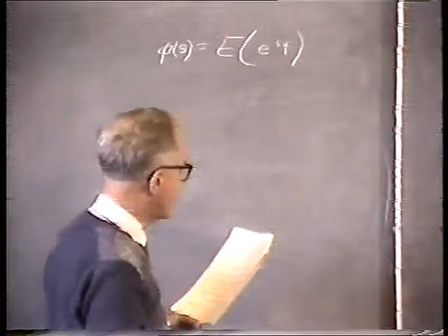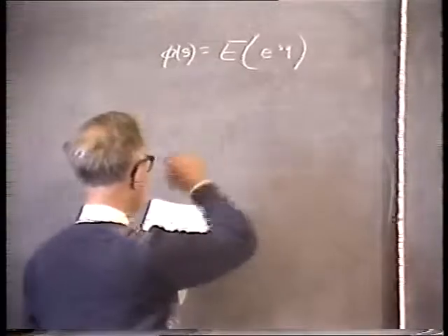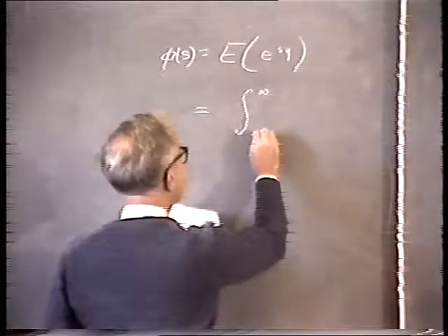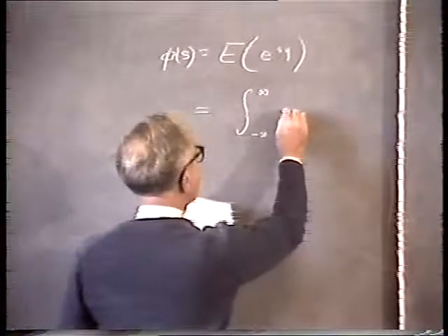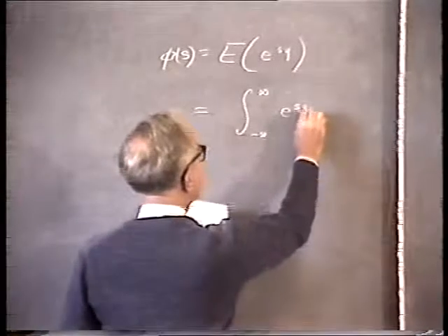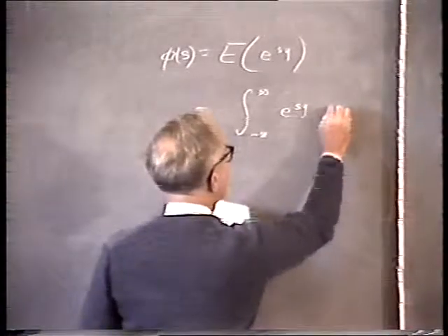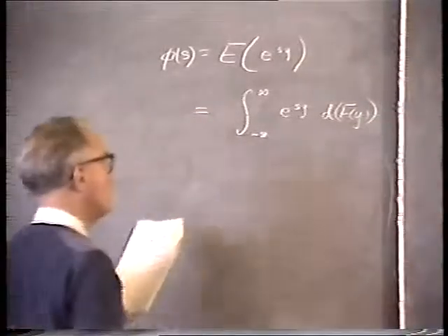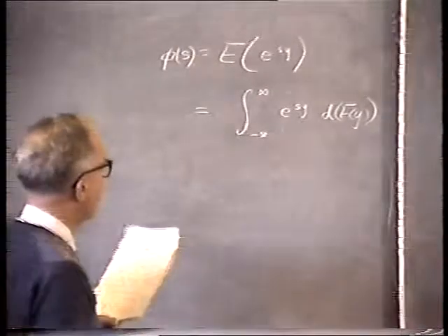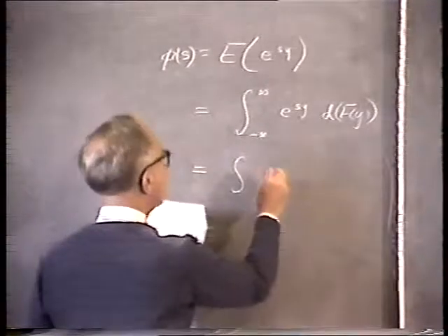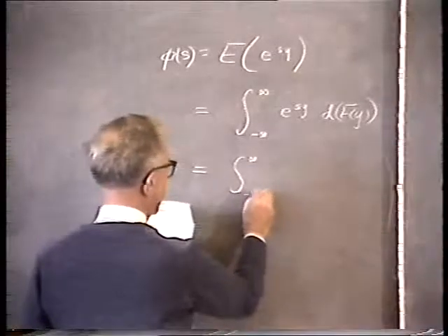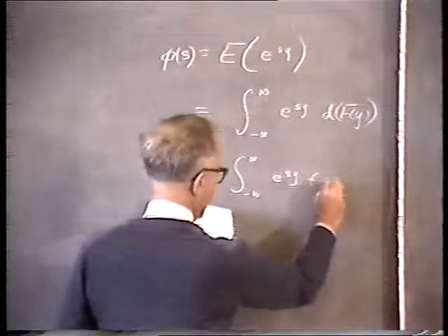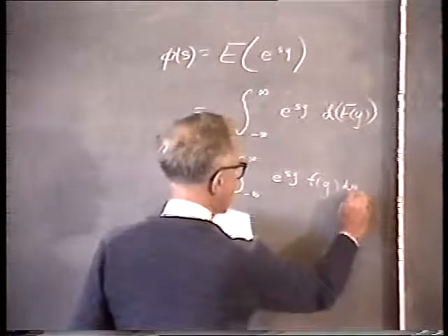Very often, if one's not too familiar with complex variable theory, one may start out by looking at the integral of e to the sy dF(y), F being the cumulative distribution function of y, or if you have an absolutely continuous variable, then one uses the density little f of y dy.